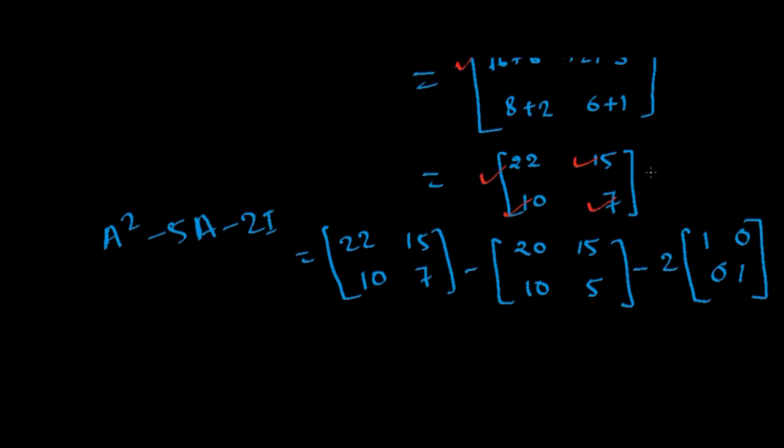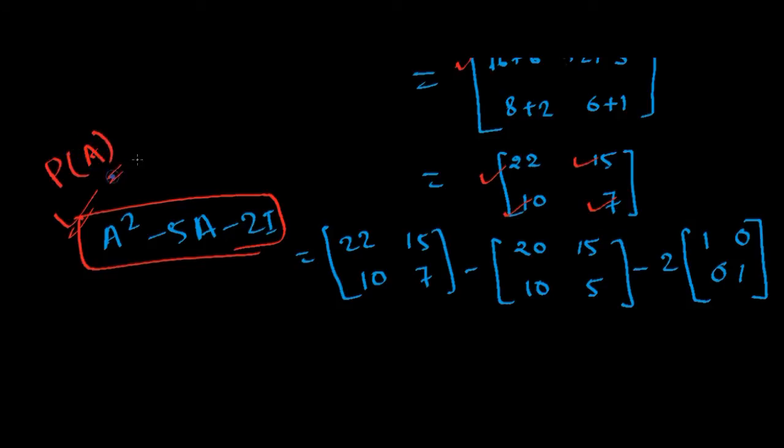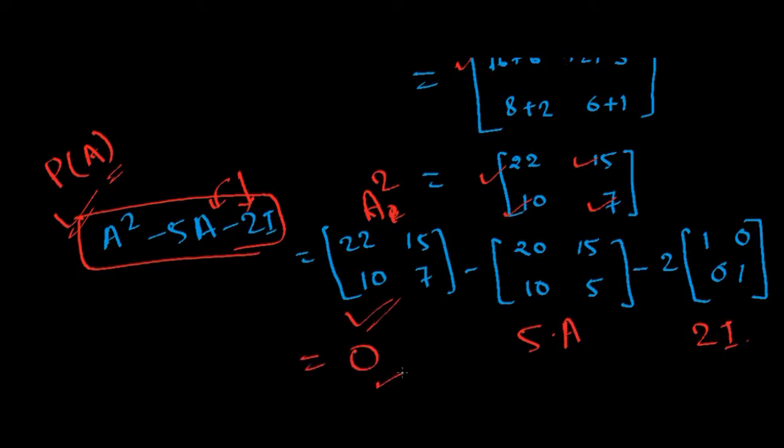Hence we have the characteristic polynomial with A in place of lambda and the constant multiplied by the identity matrix of the same order as A. This is A square, this is 5 multiplied by A, and this is 2I, and it equals 0.